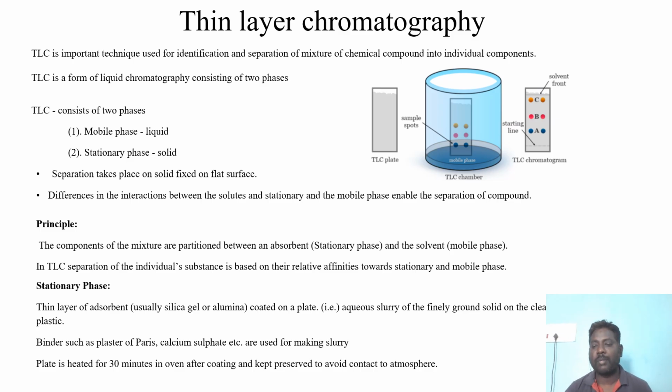If you remember, in column chromatography we have a solid substance as the stationary phase, and how the bands separate depends upon the relative affinities towards the mobile phase and stationary phase.